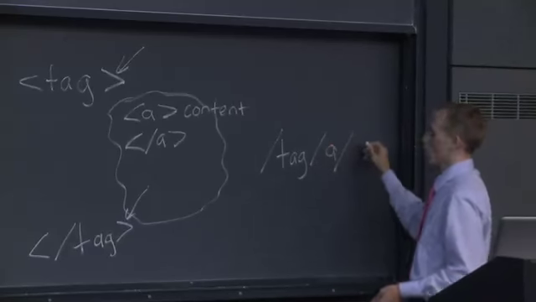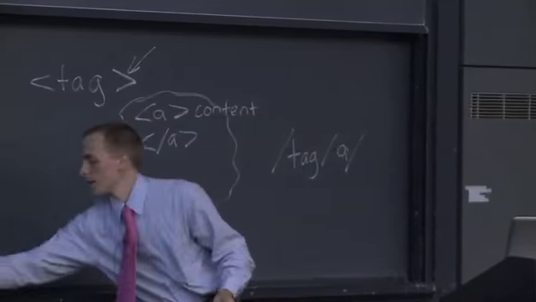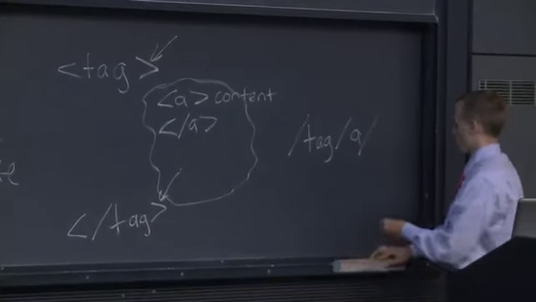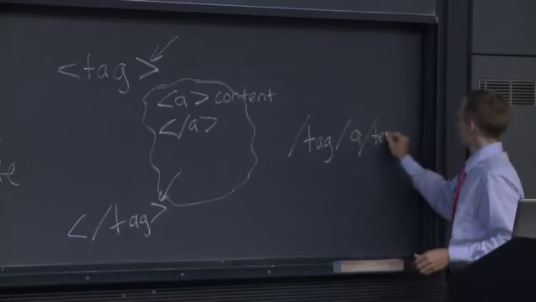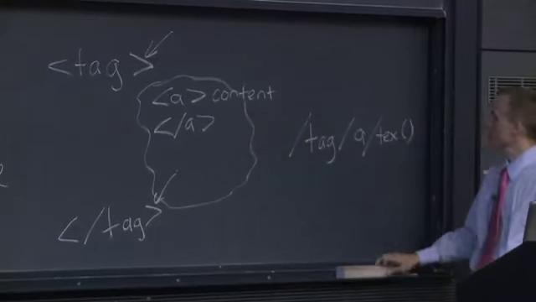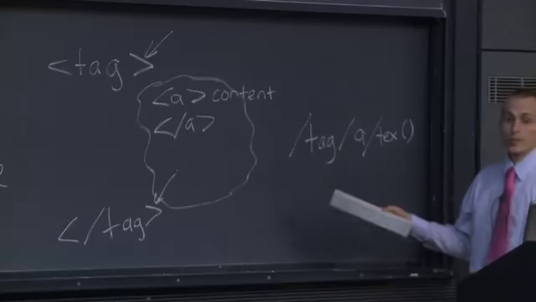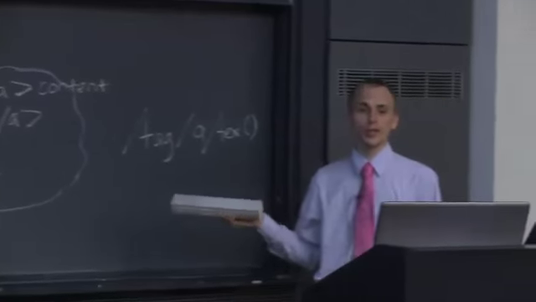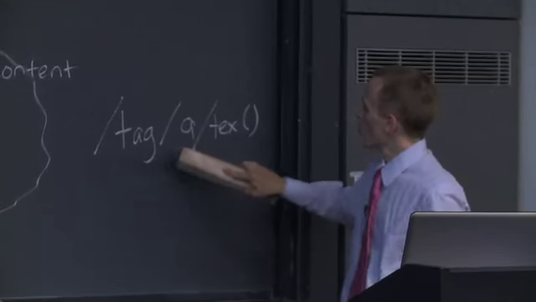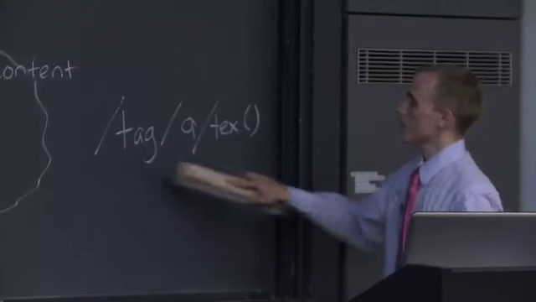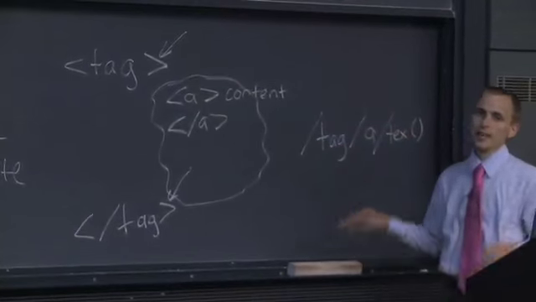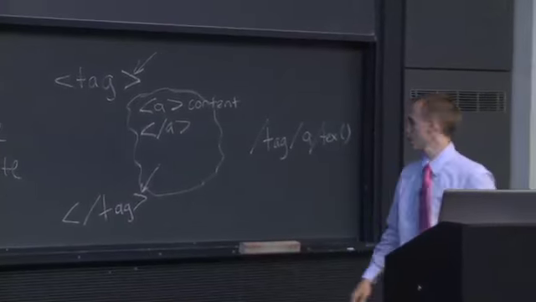And then in XPath, you would refer to the text in order to get the actual text content. But the basic gist of XPath, and David will explain this more in lecture, is that as you descend into the XPath query, you descend into the tree of nested tags, just like HTML.